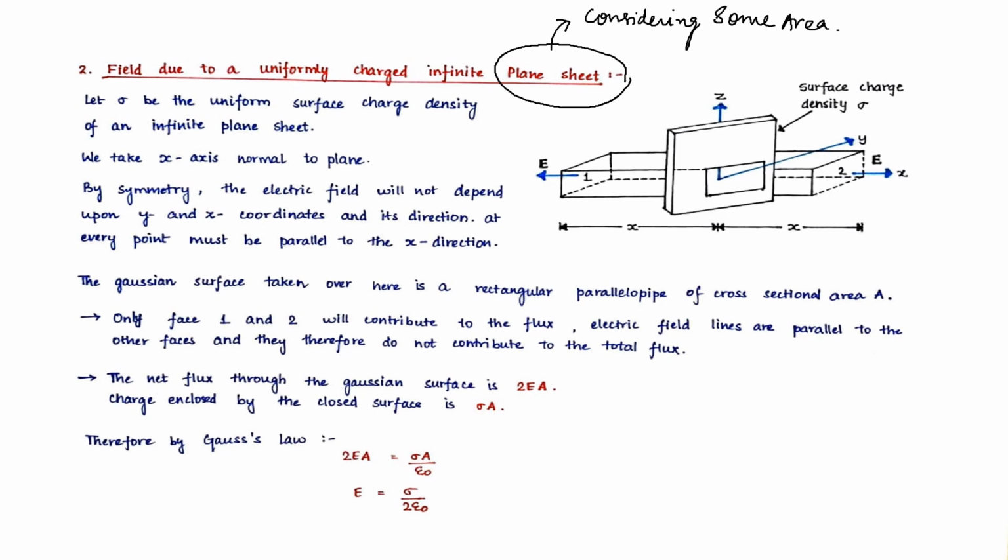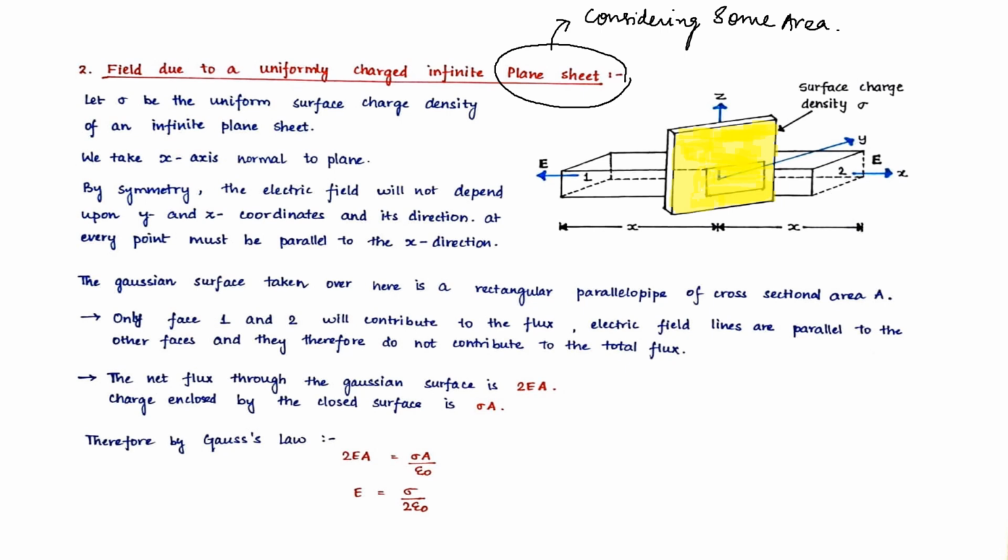Yeah, this is our plane sheet over here, and we have to consider the electric flux through this plane sheet. On the surface of this plane sheet we are having charges, and we have to consider the flux on this particular plane sheet. For that we have just colored it.